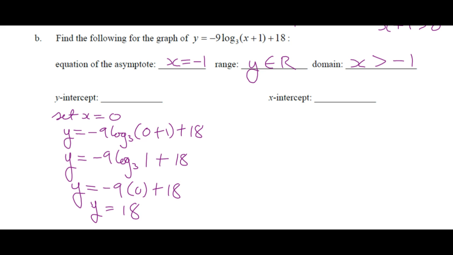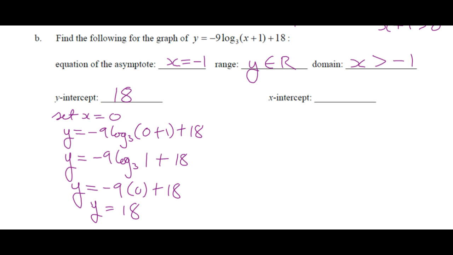Okay, so log base 3 of 1 is 0, right? Log base anything of 1 is 0. So negative 9 times 0 plus 18 is just 18. What's negative 9 times 0? 0, plus 18, still plus 18.